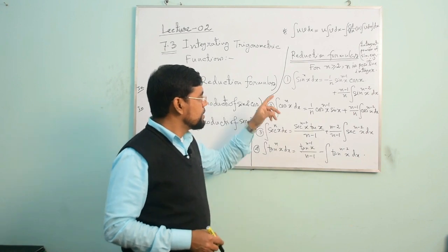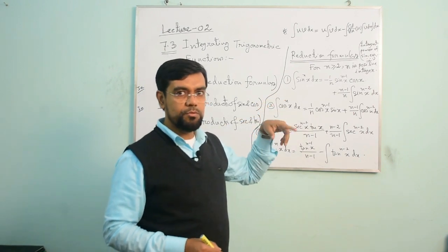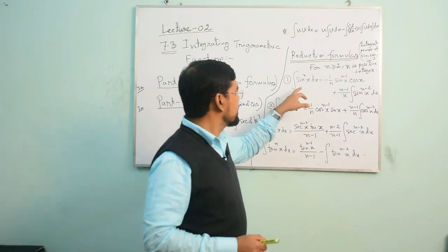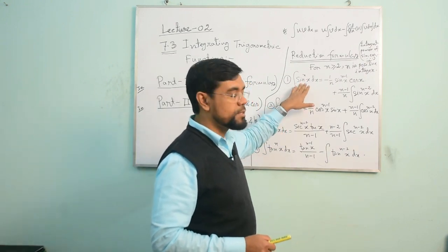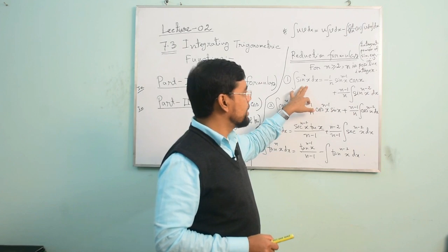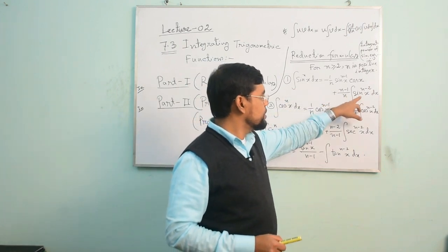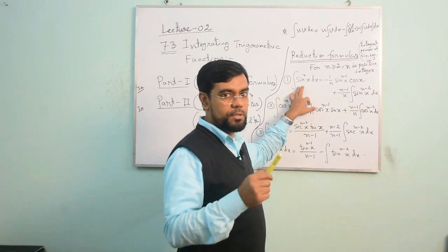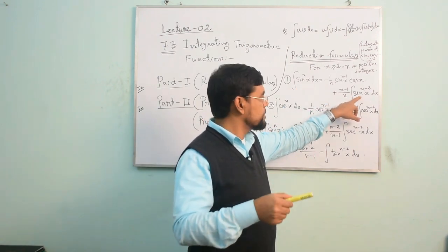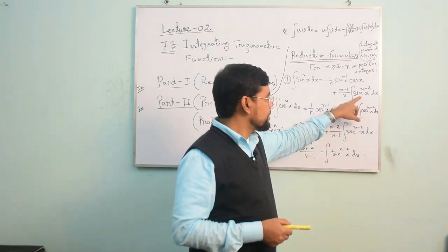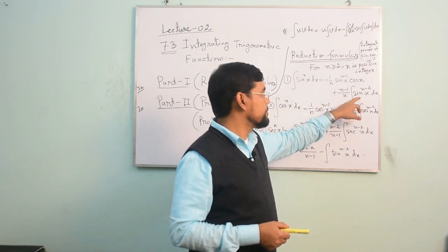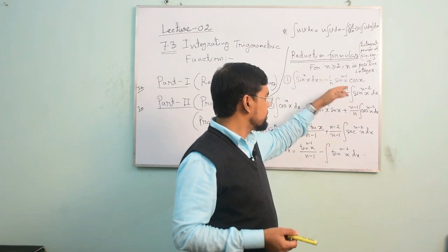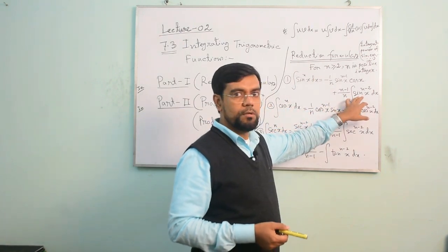Because it reduces the power of sine, cosine, sec and tan. When you integrate sine to the power n of x, the power reduces by 2. For example, if you integrate sine to the power 3 of x, it reduces the power from 3 to 1. If you integrate sine to the power 7 of x, it reduces the power to 5.